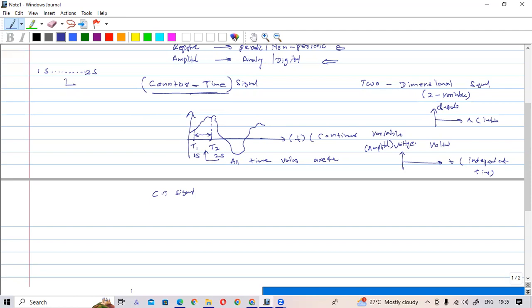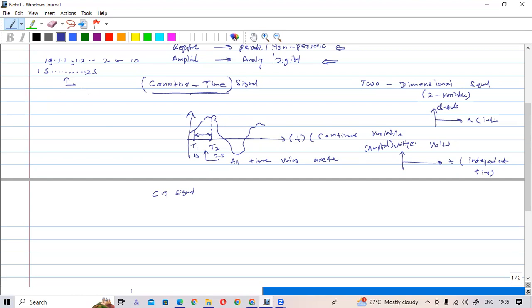So you will have some decimal values. For example, if you take one decimal place, you will have 10 values here: 1.0, 1.1, 1.2, likewise up to 2. If you take 2 decimal places, you will have 100 values.